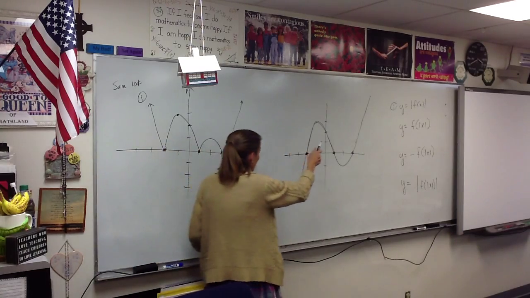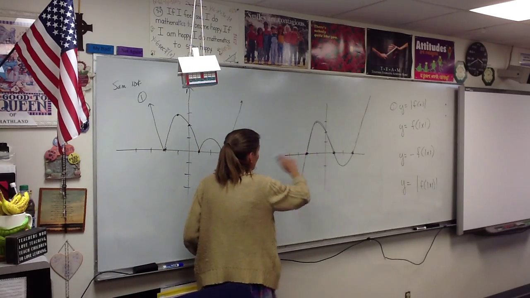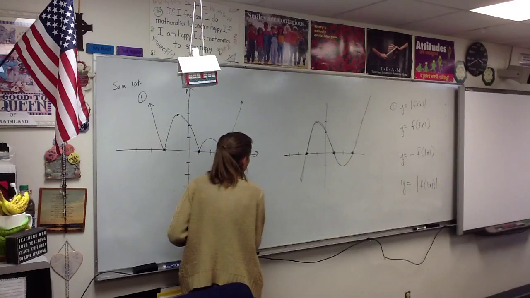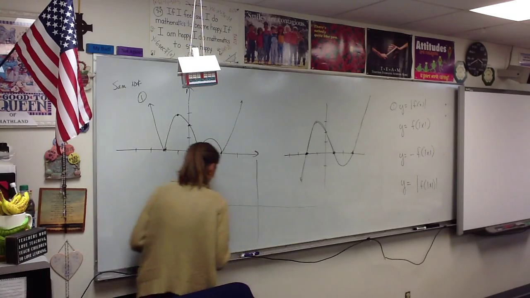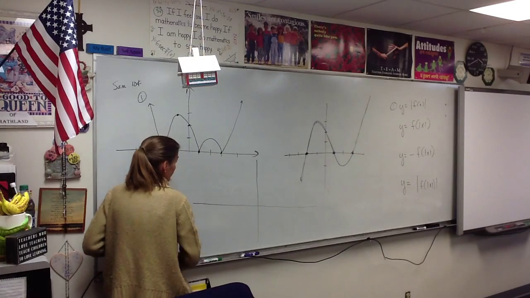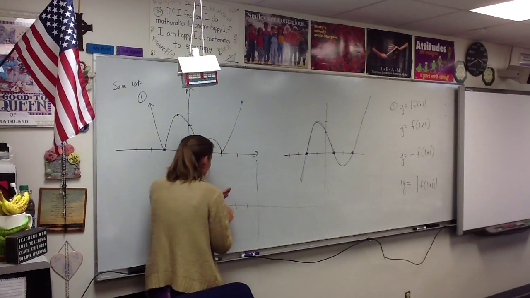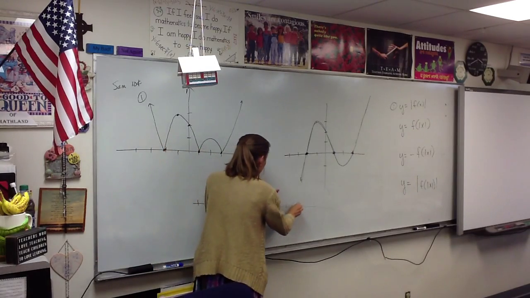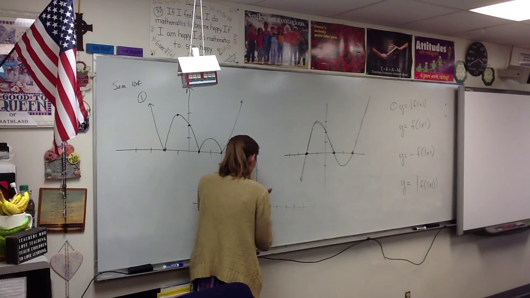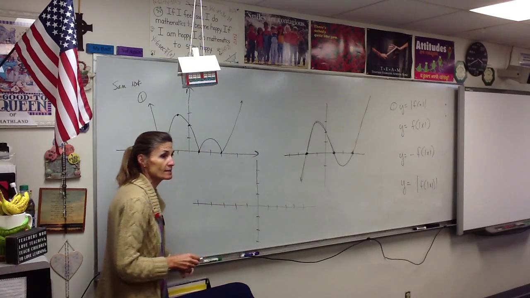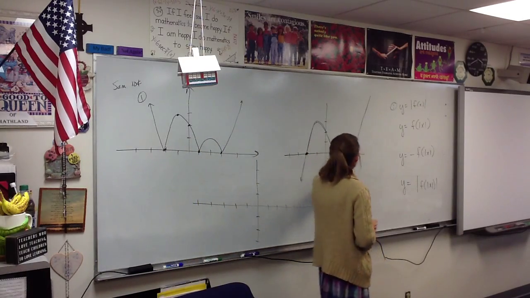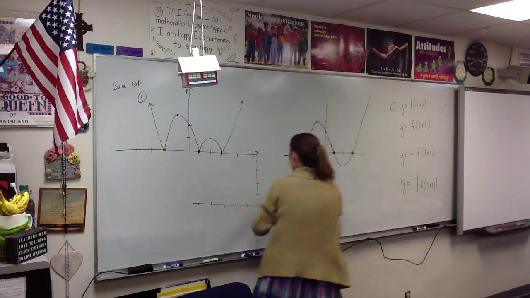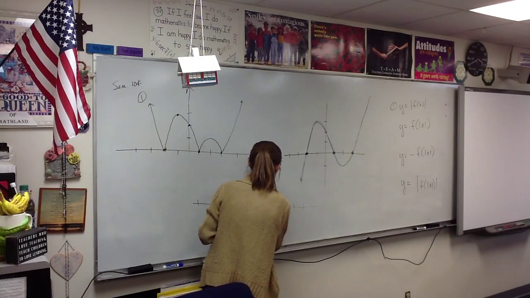Now the second one says we're going to take the absolute value of just the x. Now, I erased my steps up there, but I had the 2 steps. What are the steps for taking the absolute value of just the x? Recopy the right side. So I'm going to recopy this exactly as it is.